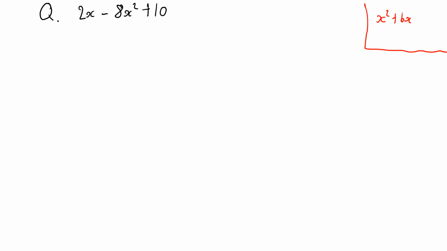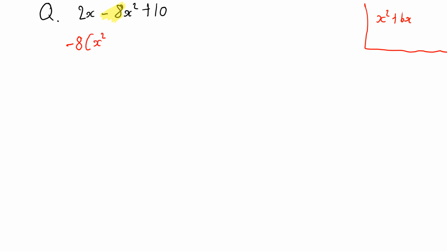So therefore, with this question here, if we look at the coefficient of the x squared, I basically need to take a factor of that out. So I'm going to take a factor of -8 out, which will leave me with that positive x squared.